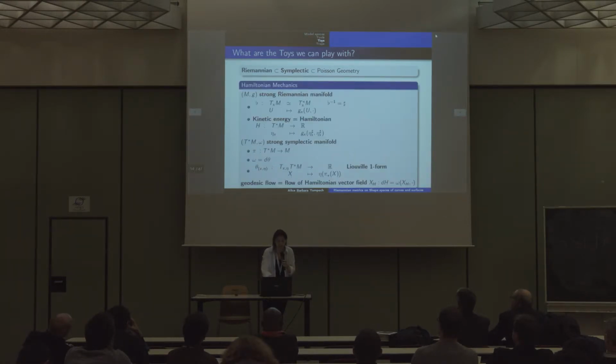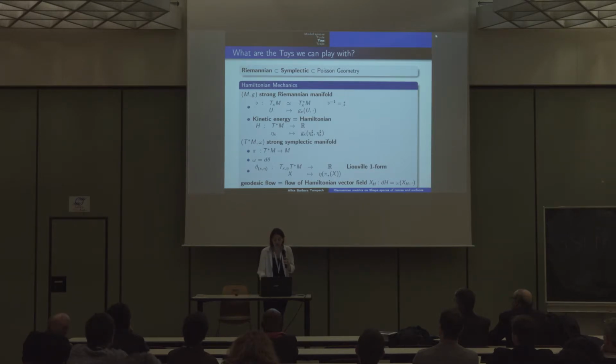Why did I say Riemannian is included in symplectic? This is just Hamiltonian mechanics. If you start with a strong Riemannian manifold, you have identification of the tangent space and its dual using this metric. Then you can define the kinetic energy, which is called the Hamiltonian in this case, and which I write as a function on the cotangent space.